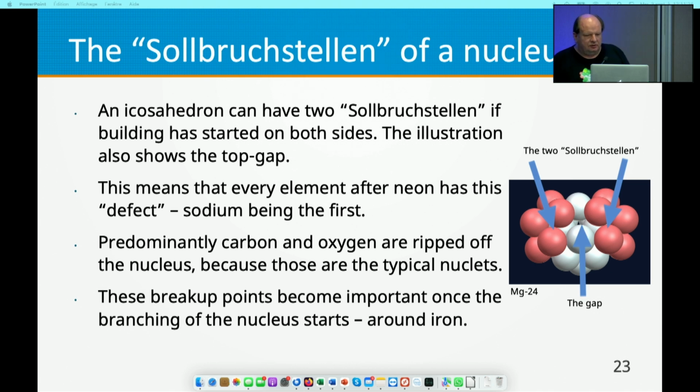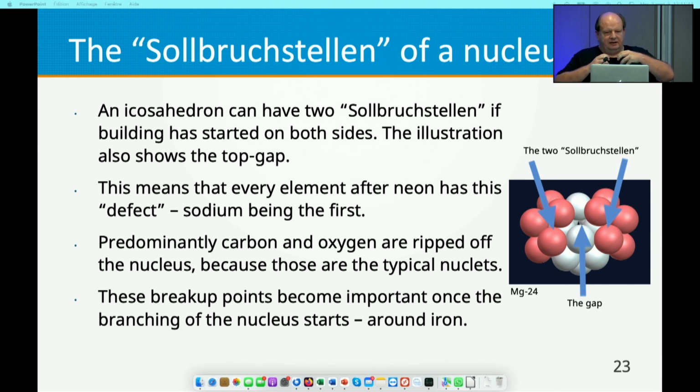So this icosahedron has basically two of those connecting points. Here we see magnesium, and so we have two of those shared PEPs. And what we also can see here in the middle is the gap. This is what I mentioned before.